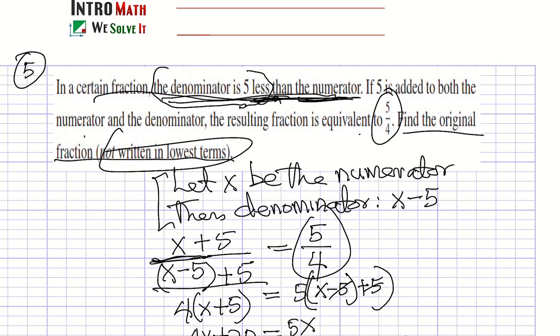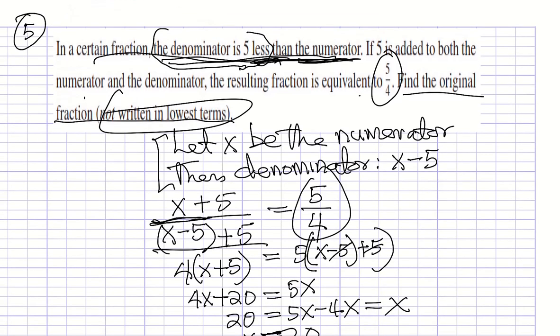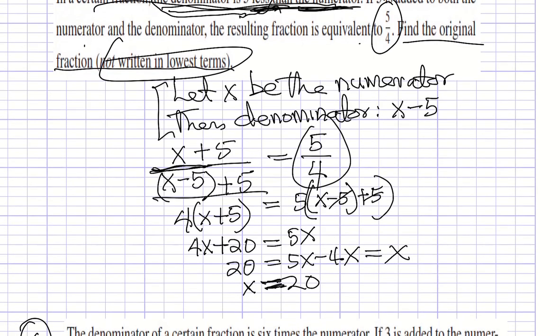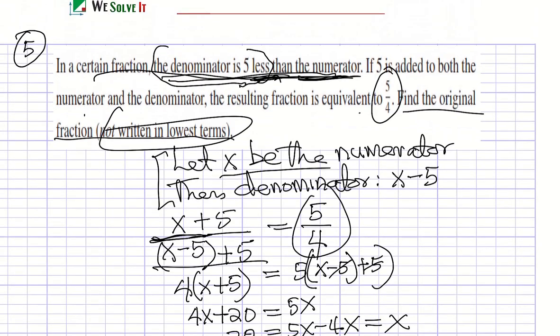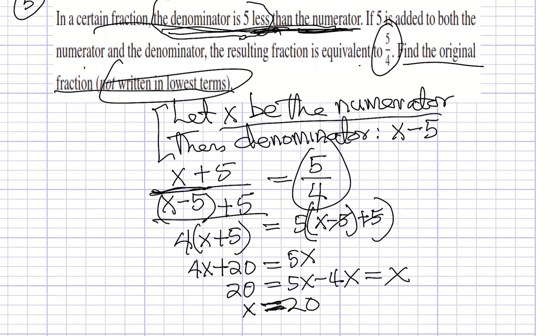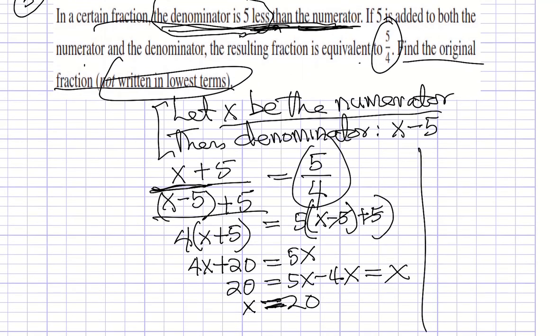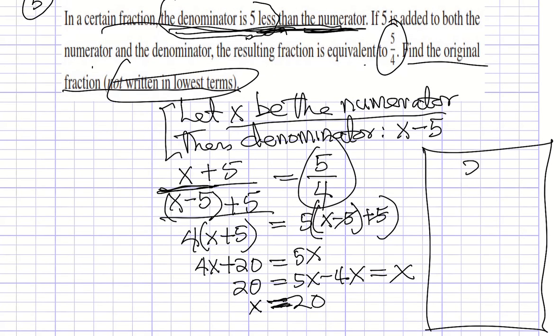The denominator is 5 less than the numerator. Oh, by the way, what is x? x is the numerator. So the way you reconstruct that fraction, let x be the numerator. x is the numerator, so x is 20, and then the denominator is right there.